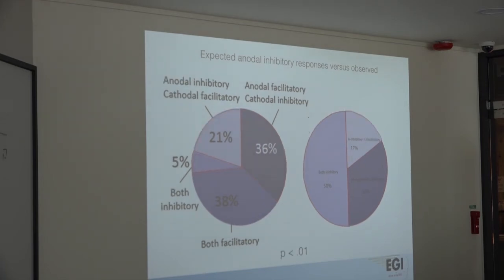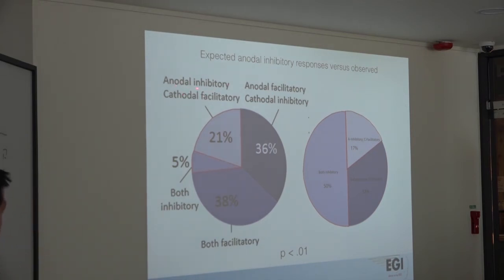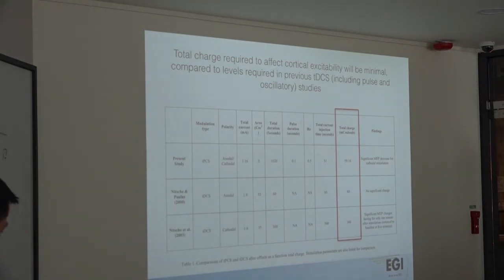Now let's talk about when anodal is inhibitory. That's about 26% expected. What we see is about 67%, close to 3 times. So that's also significant.